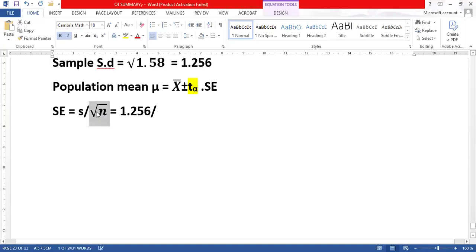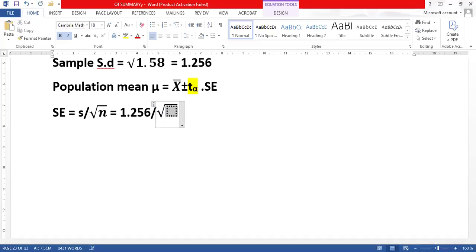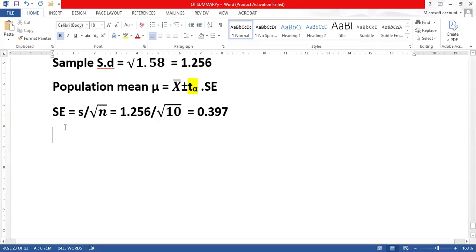What is our n? Root 10. What do you get on your calculator? 0.397, 3 decimal points. That is our standard error.